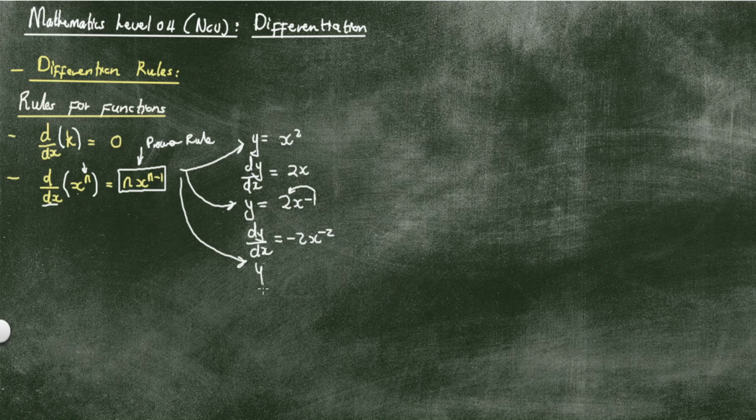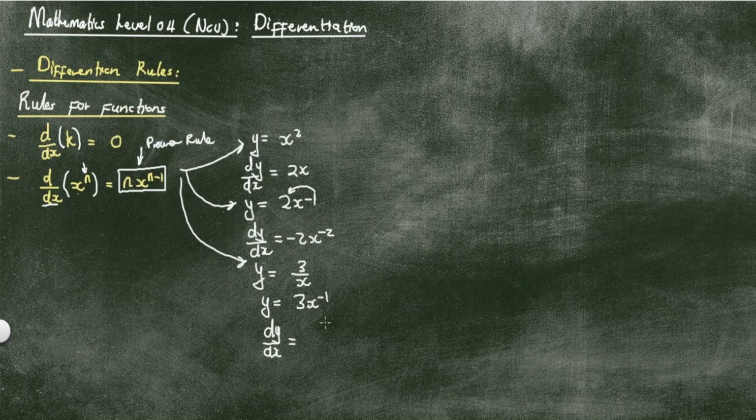Maybe one more example. Y is equal to 3 over x. Okay? So I cannot differentiate while x is a denominator in this case. So what I would have to do is rewrite this expression as 3x raised to exponent minus 1, dy over dx.